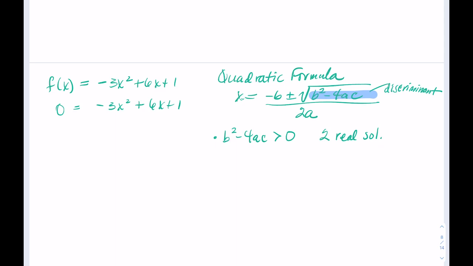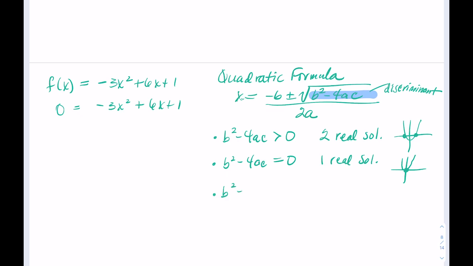That means when you graph it, the parabola is actually going to go through the x-axis in 2 spots. You could have the discriminant equal 0. That means there's only going to be 1 real solution. So that would look like a parabola where just the vertex is touching the x-axis.